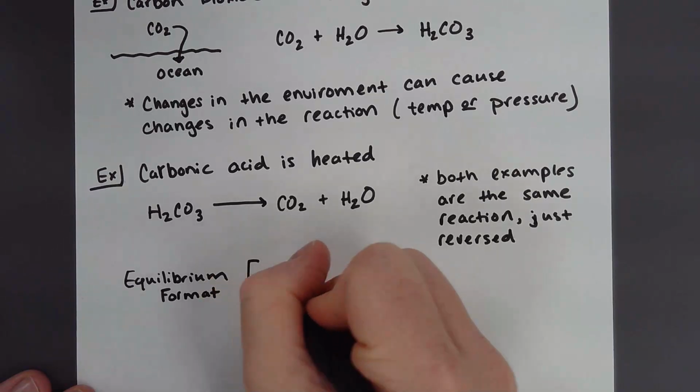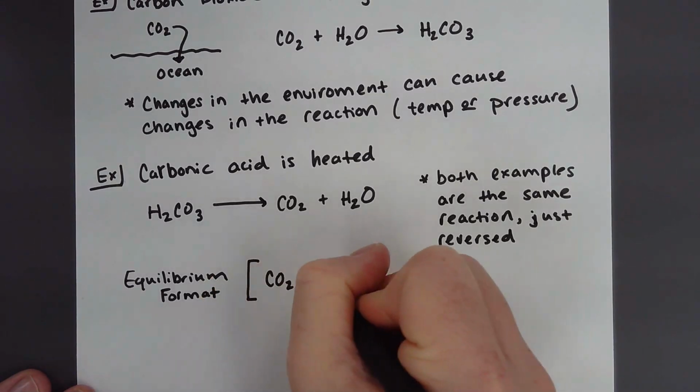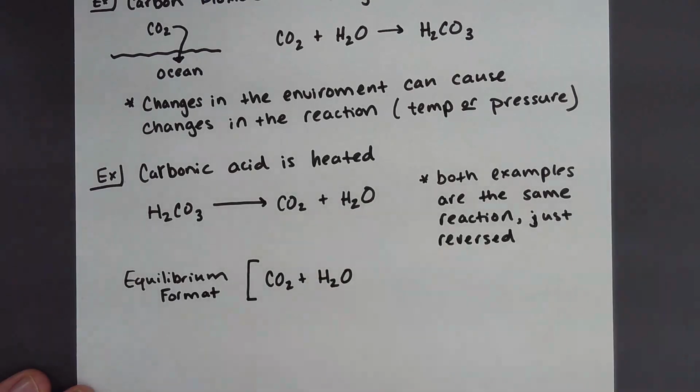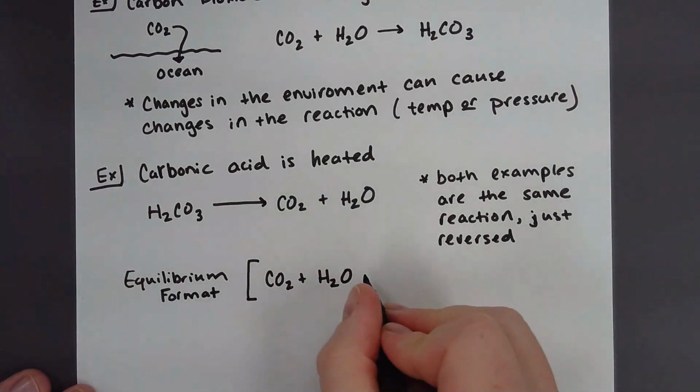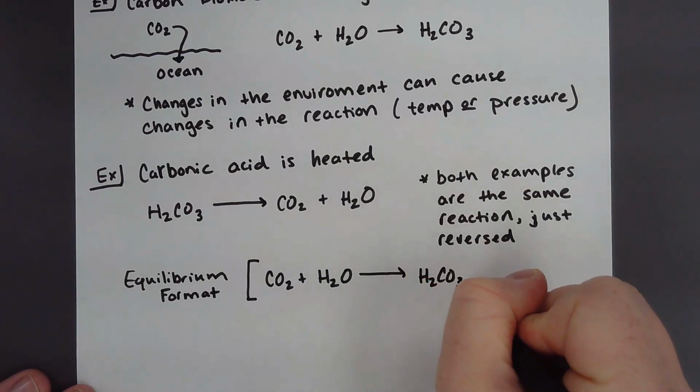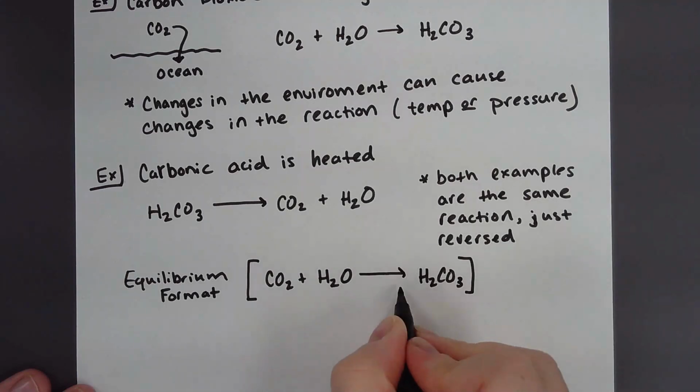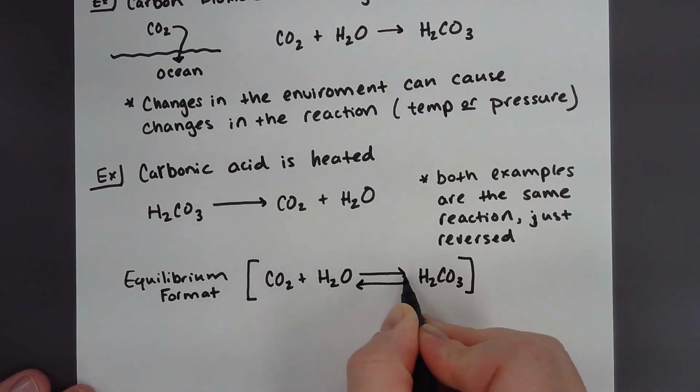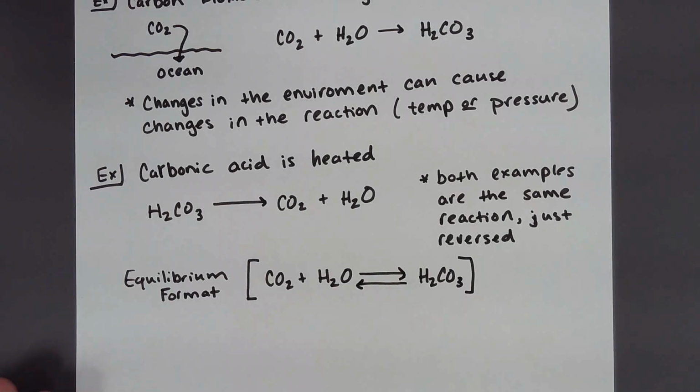So we're going to start with CO2 and water. And like we covered in the first half, CO2 and water mix together to form carbonic acid. Carbonic acid, however, can also break down and form CO2 and water. So we have this equilibrium arrow that shows that reversibility.